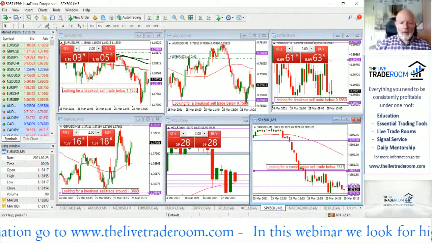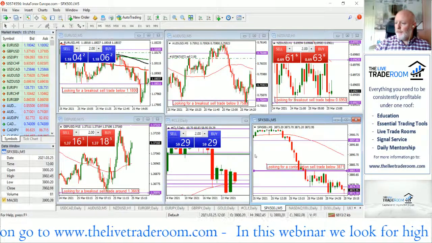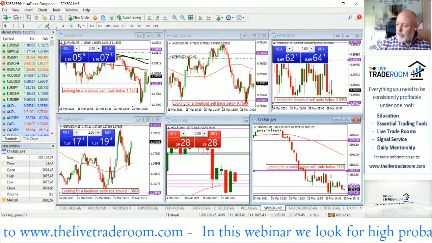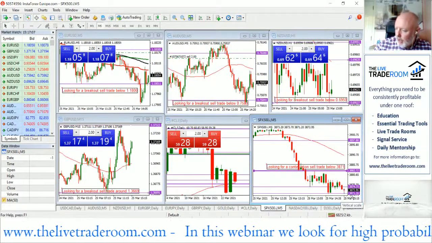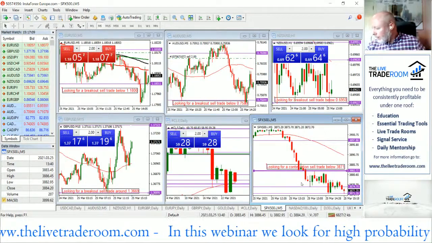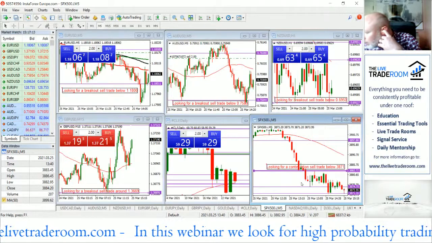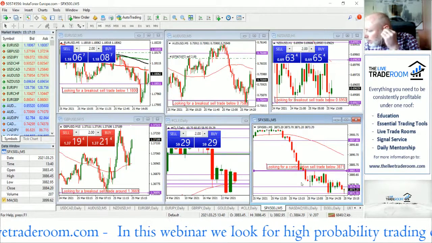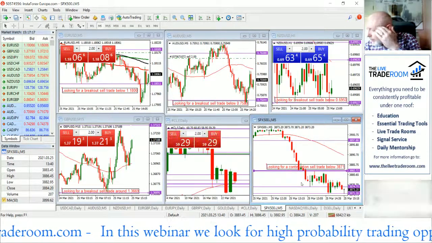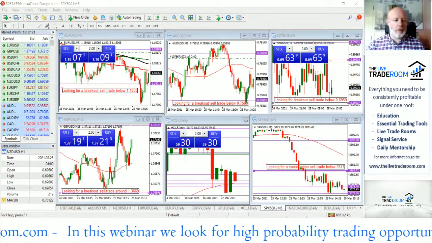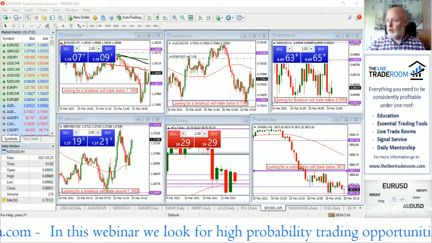So we very nearly got it, very close to actually getting into the S&P 500, just below that 3870 level or 3871 level. Let's see if we still get that flush through. We've got a deal ticket open.